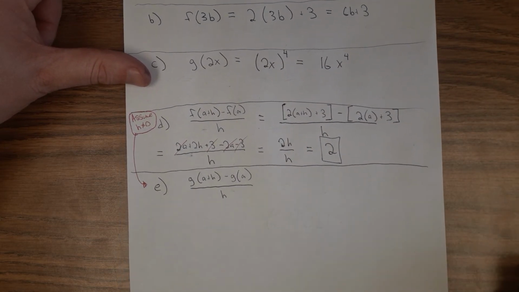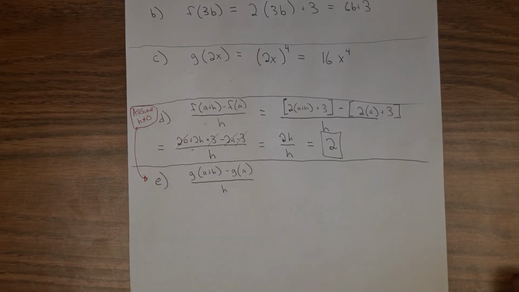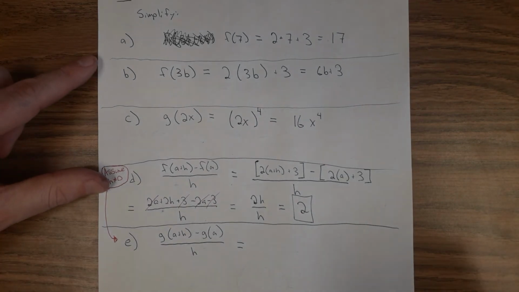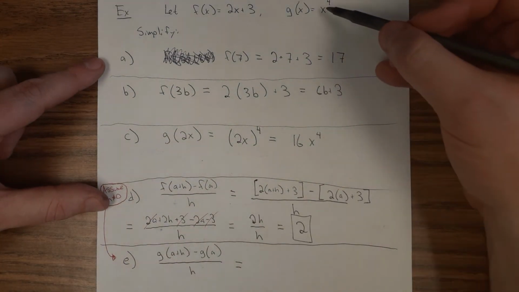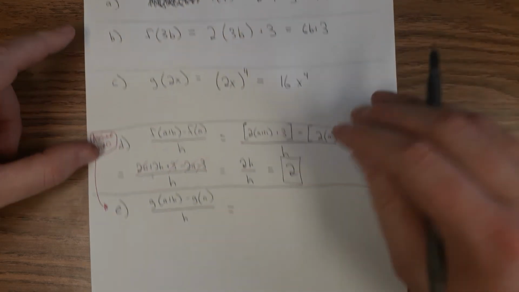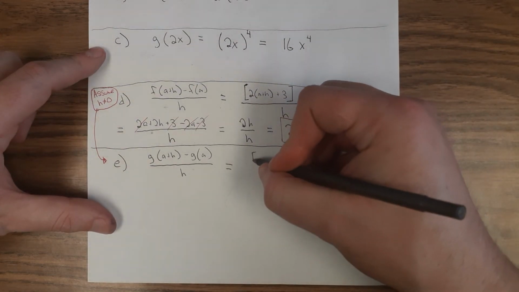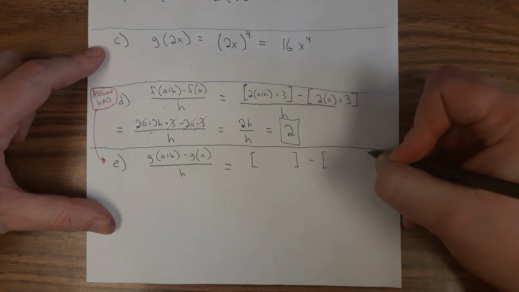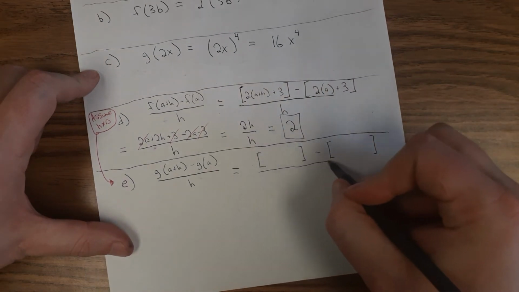All right, one more. g of a plus h minus g of a, over h. Well, now I'm doing the other function. This one is x to the 4th, so I can do this one the same way.